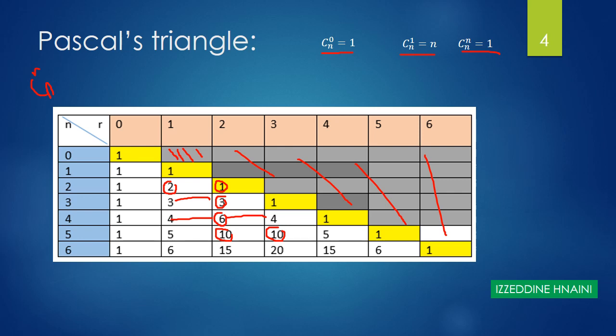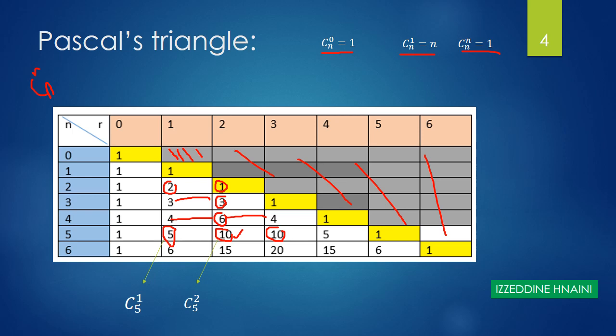What is the justification of this process? For example, if I take this number 5, it represents C(5,1). And if I take this number 10, it represents C(5,2).